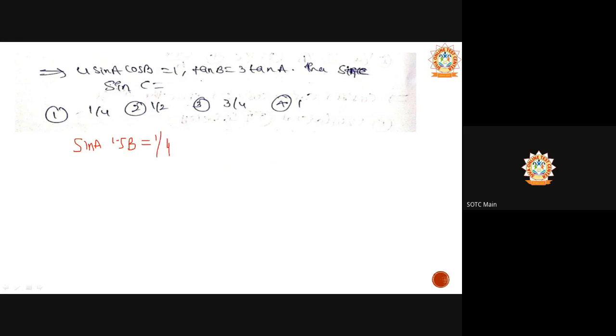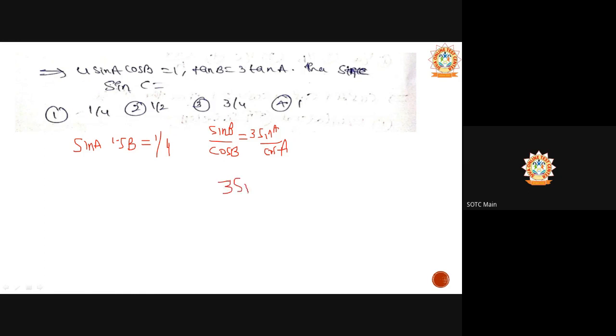Here 4 is there, so when 4 goes to the other side it becomes 1 by 4. And what else is given? tan b is equal to 3 tan a. So sin b by cos b is equal to 3 sin a by cos a, right? So from this what can we make?